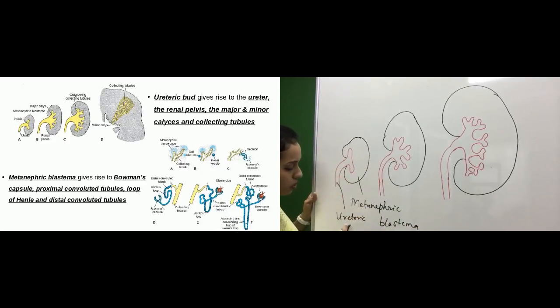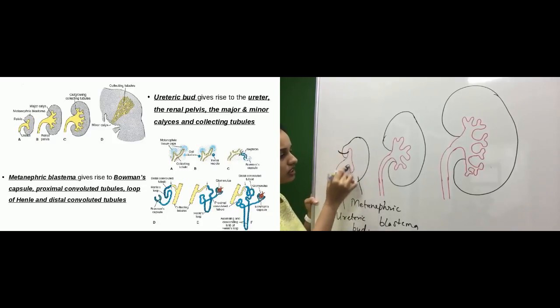So this is an outgrowth from the mesonephric duct. This ureteric bud slowly penetrates the metanephric blastema and immediately it dilates and divides into two buds, which will later form part of the collecting system.